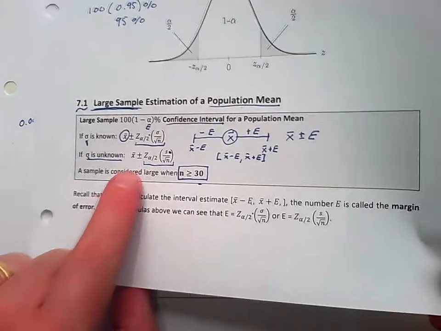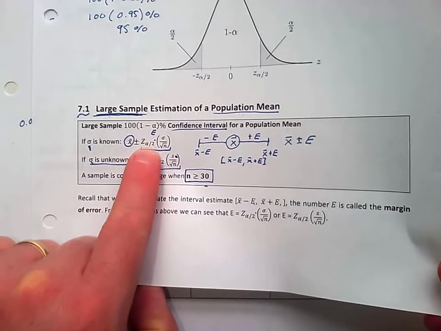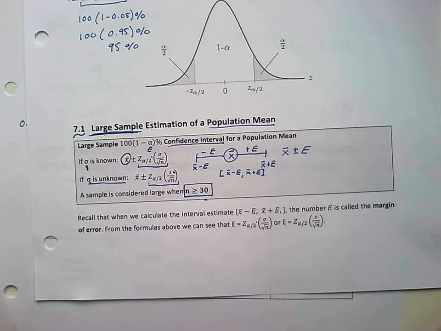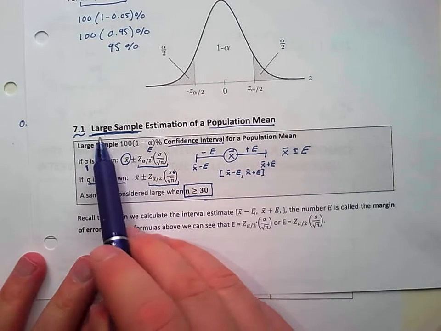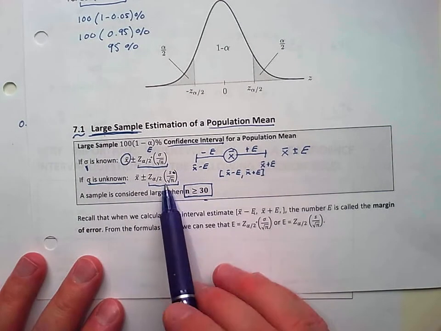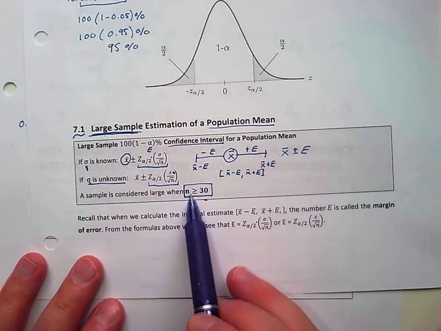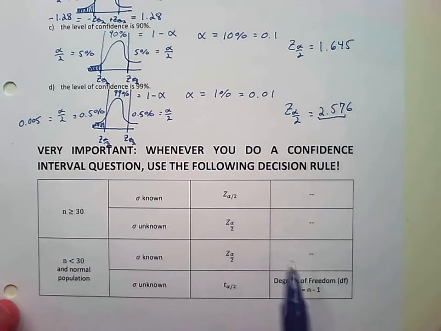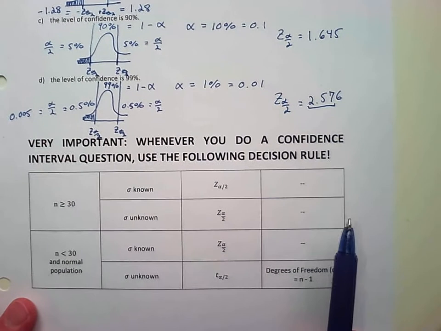So now the question just becomes, when do we use which one of these two formulas? Well, like I also pointed out in the last lecture video, we're still dealing with large samples. So we can only use these formulas whenever our sample size is greater than or equal to 30. So therefore, that brings us to this decision rule.